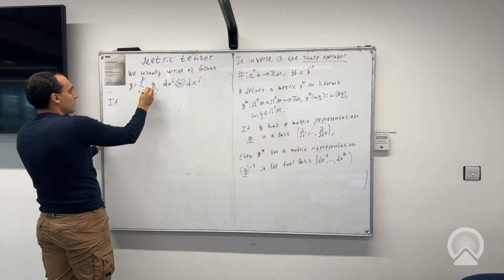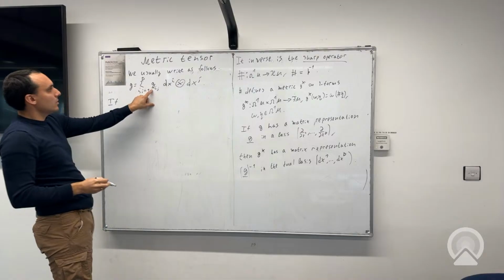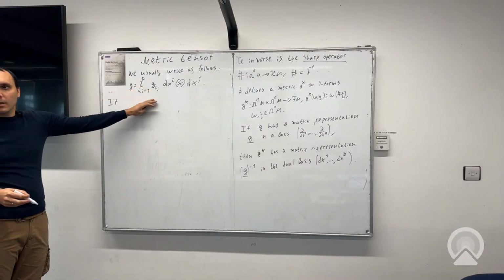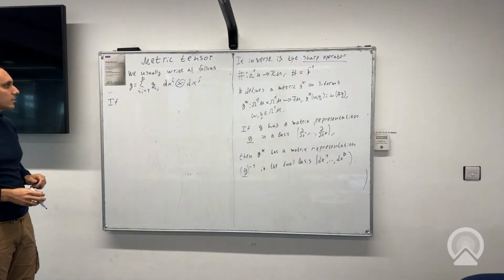This g_ij is the metric represented. Yeah, this is how it's written.